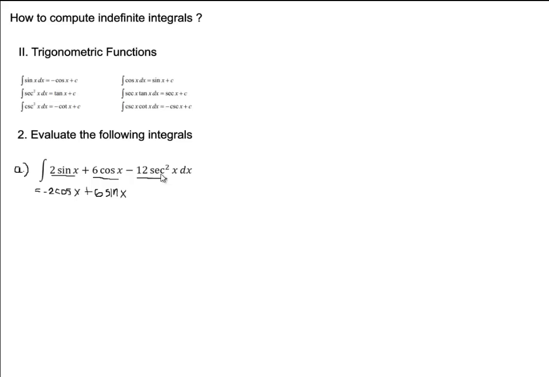Integral of secant squared, so we have tangent x. So negative 12 tangent x. So, don't forget plus c. This is the integral.